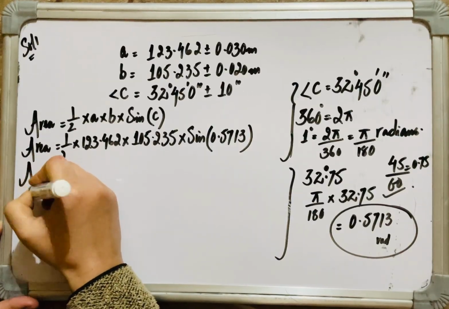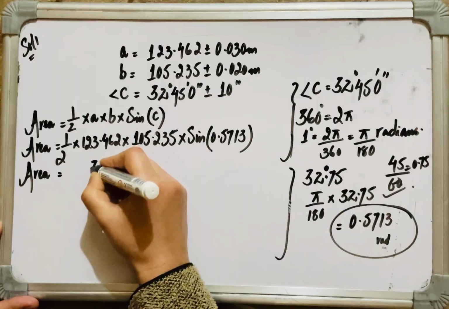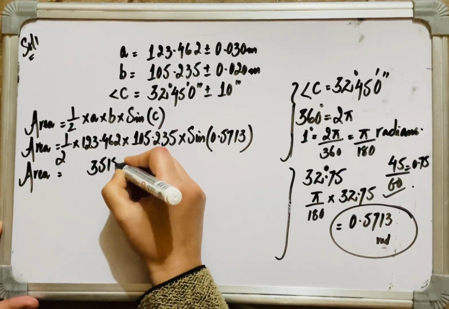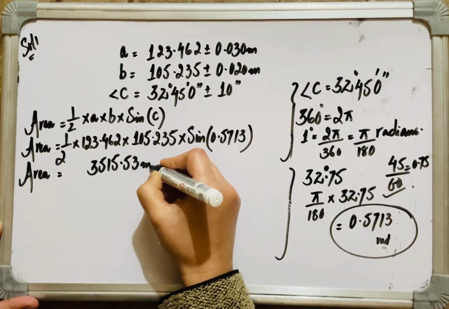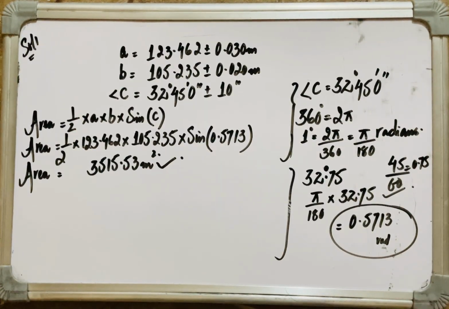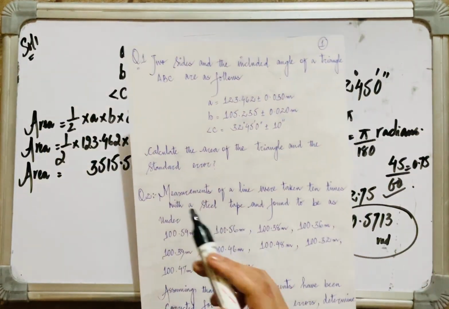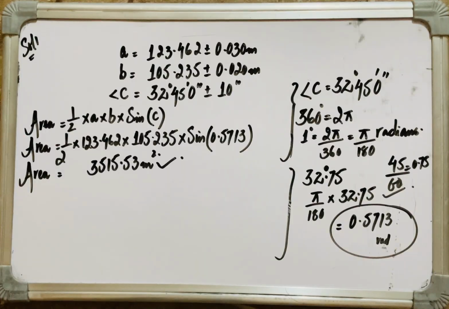By calculation, the area is equal to 3515.53 square meters. So we completed the first part of the question, calculate the area of the triangle. The area of the triangle is equal to 3515.53 square meters.